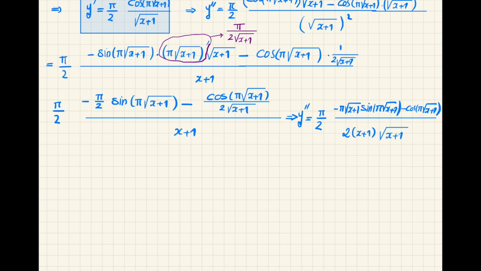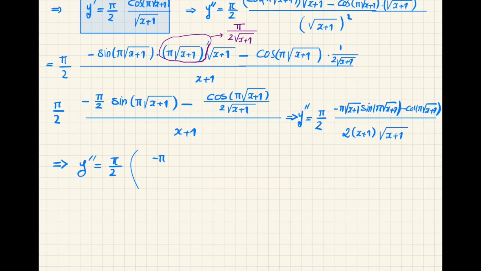But now I can split it actually. I can split this into two parts. So this becomes equal to, I divide this expression by the denominator minus this expression by the denominator. Okay? So then what happens? So this means that y double prime is equal to pi over 2, and then I have this situation.